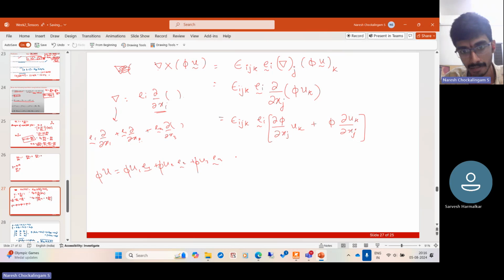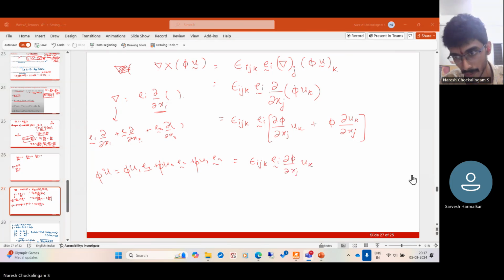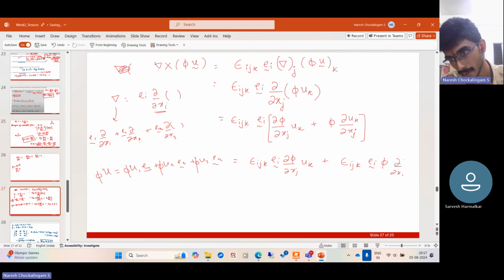Now multiply the Levi-Civita inside. You get epsilon ijk e_i dou phi by dou x_j u_k plus epsilon ijk e_i phi dou by dou x_j acting on u_k.